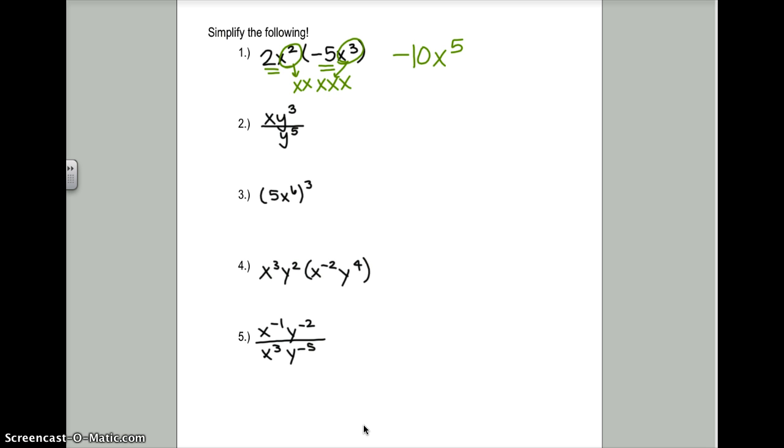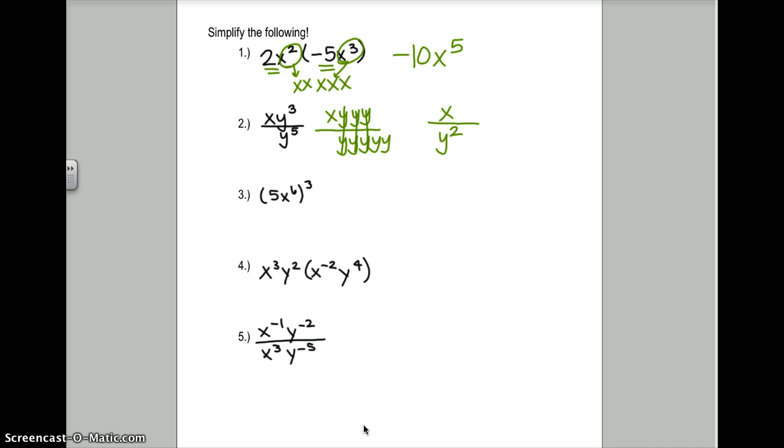Okay? No multiplying needed in the second one. If you need to, write it all the way out. Look at that. Look at all those y's. I love them. Cancel. Look what you have. X is the only thing left in the numerator. Y squared is the only thing left in the denominator.